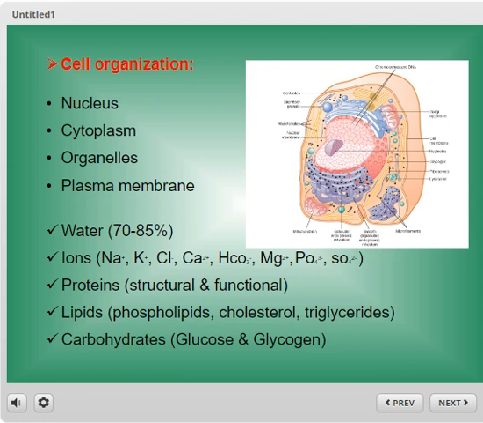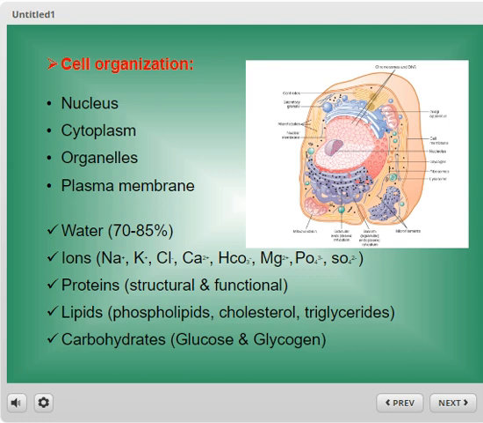And the organelles are specialized structures within the cell that perform specific functions, and the plasma membrane is the outer boundary of the cell, regulating the movement of substances in and out of the cell.